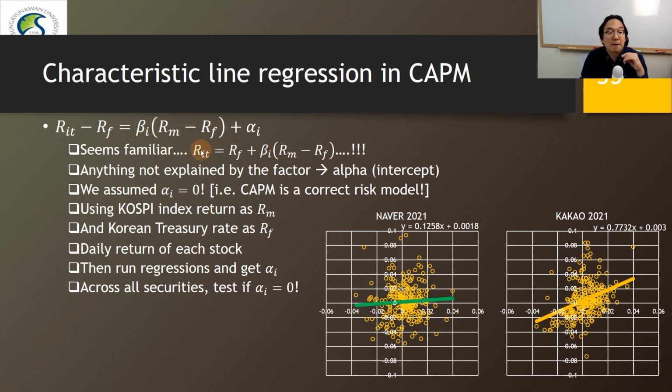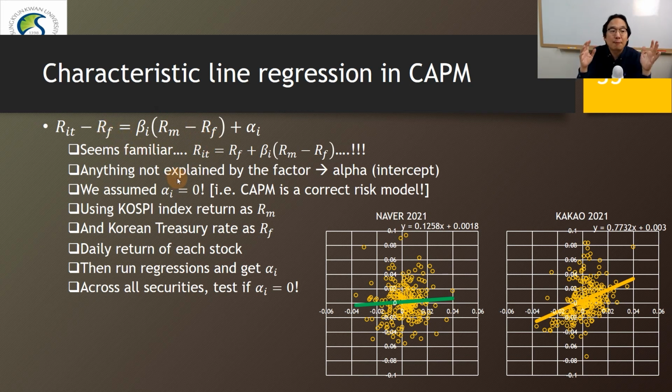And then over time, maybe trailing 5 years, 60 months, you have the return data of your stock, the risk-free asset, and the market portfolio or Kospi index return.